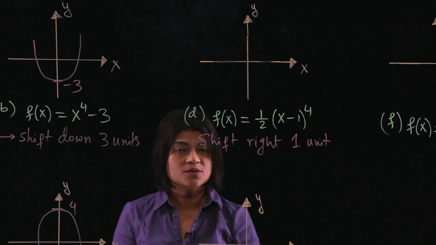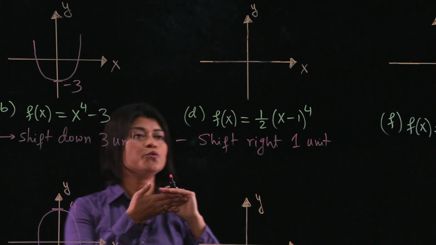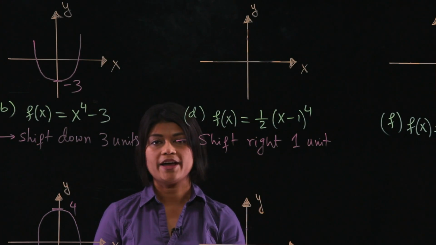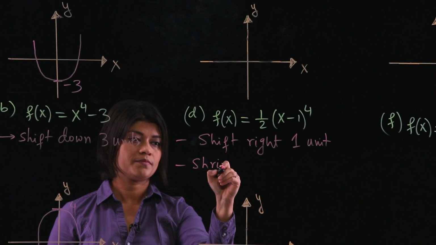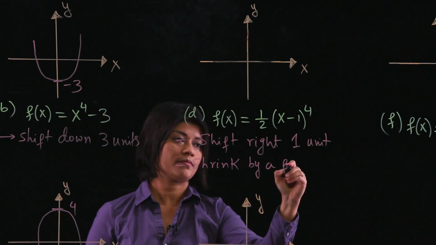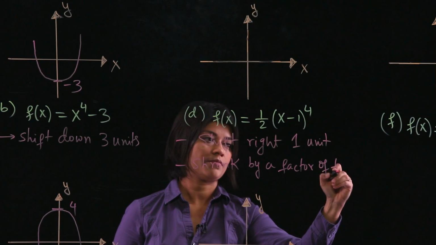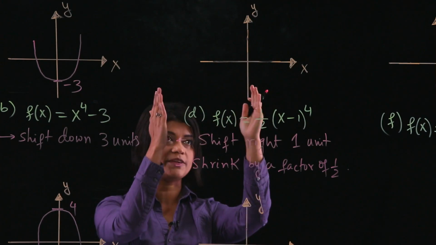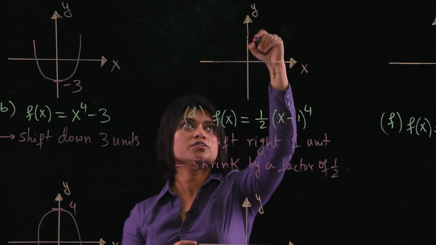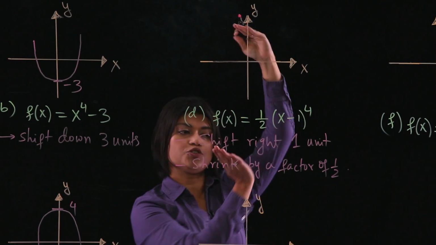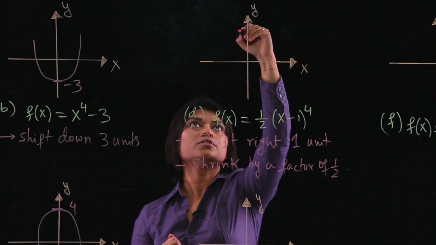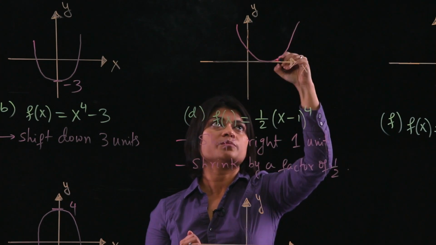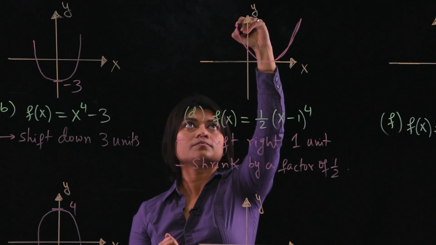Since 1/2 is less than 1, that means you shrink vertically by a factor of 1/2. Okay, so let's try to graph this. Remember, you take the exact graph of x to the 4, shift it 1 unit, so you know what it will look like. But now you shrink by a factor of 1/2. So it will be roughly like this.